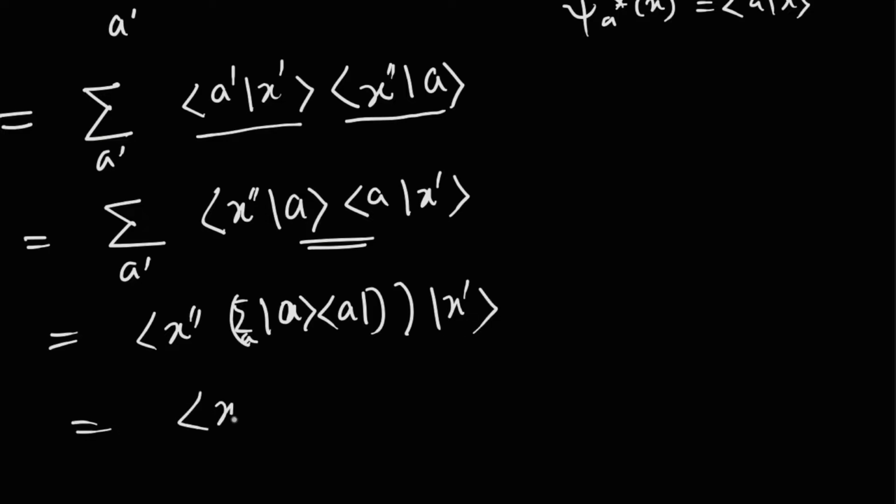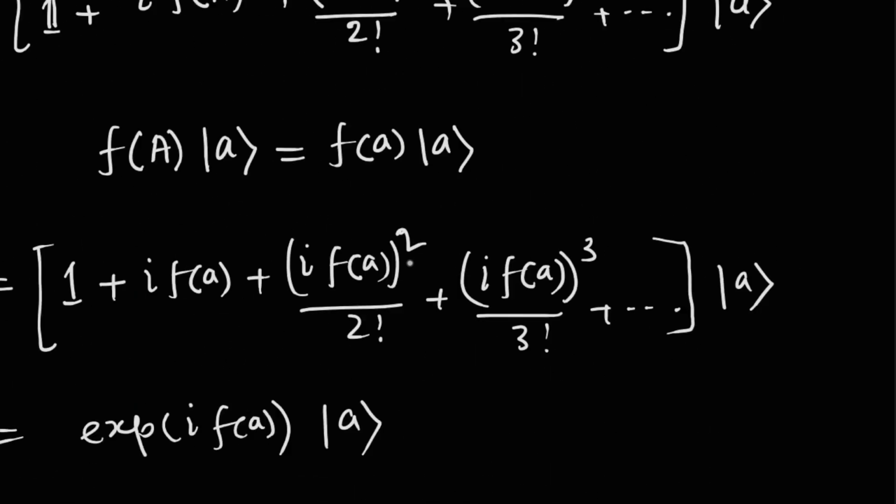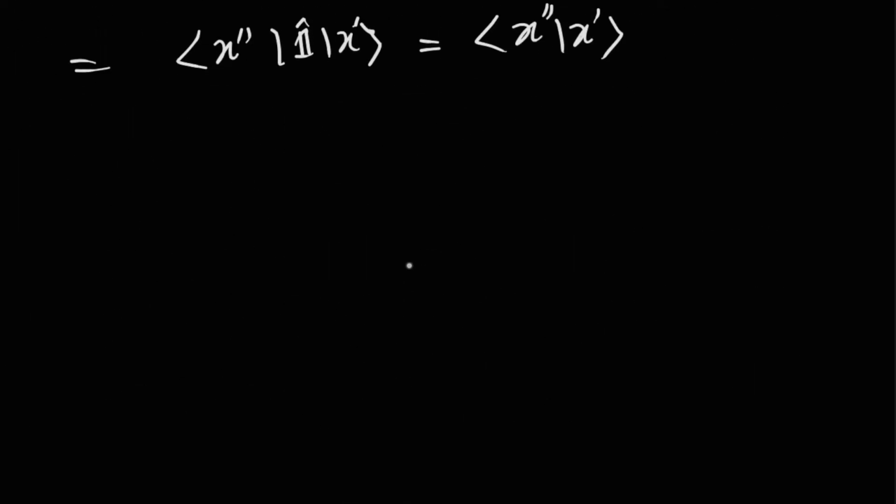It will give ⟨x''| identity operator |x'⟩, that will give ⟨x''|x'⟩. So we have solved question 4.